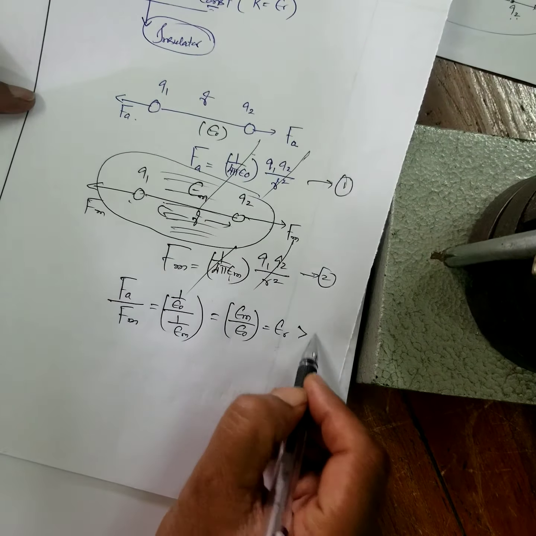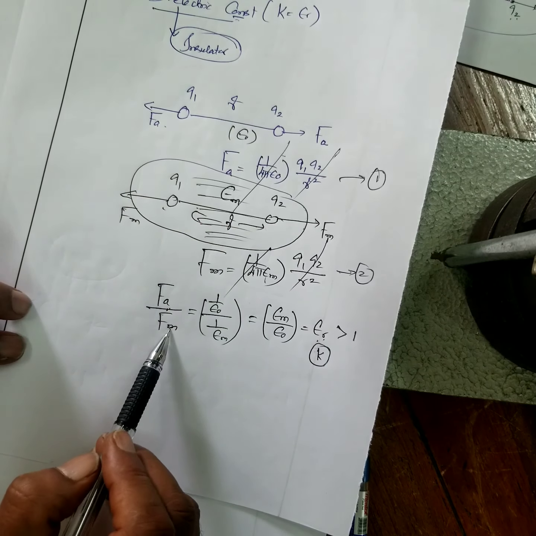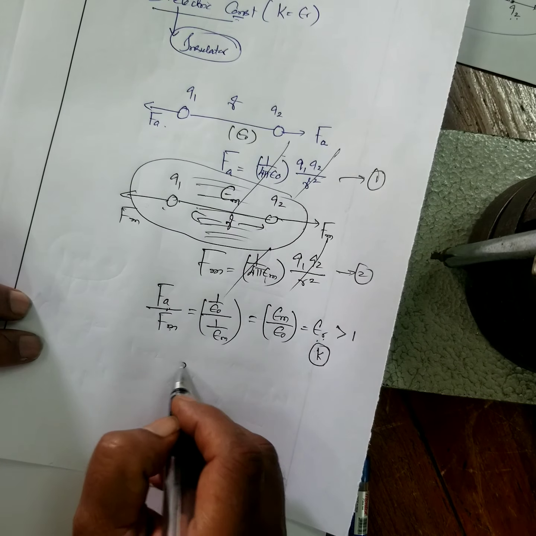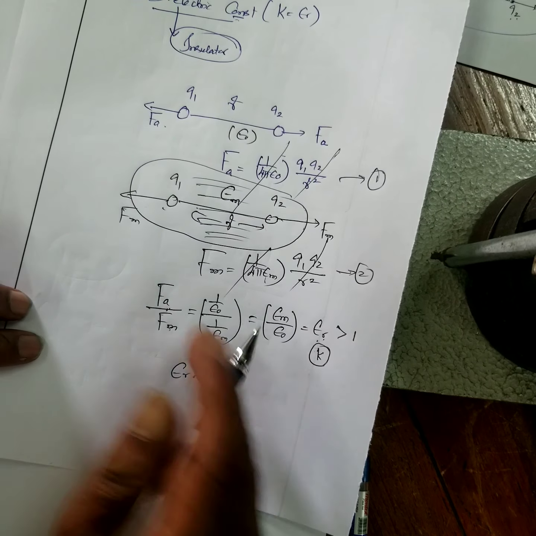Therefore, relative permittivity, also called dielectric constant, is defined as the force between two charges in air at a certain distance, divided by the force between the same charges kept at the same distance in the medium. The dielectric constant is greater than 1.